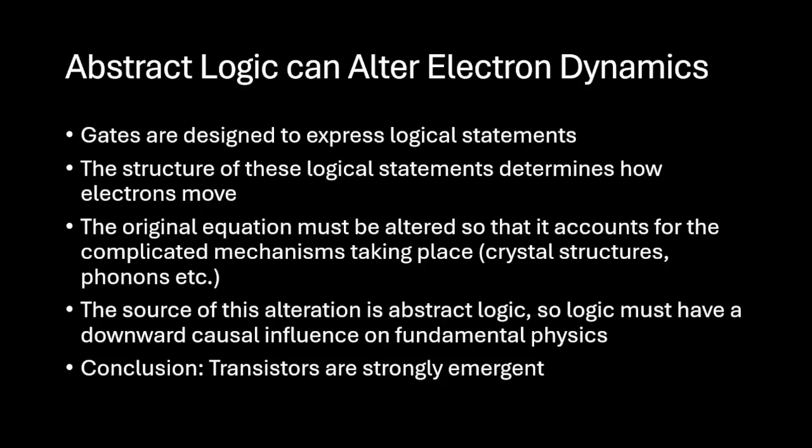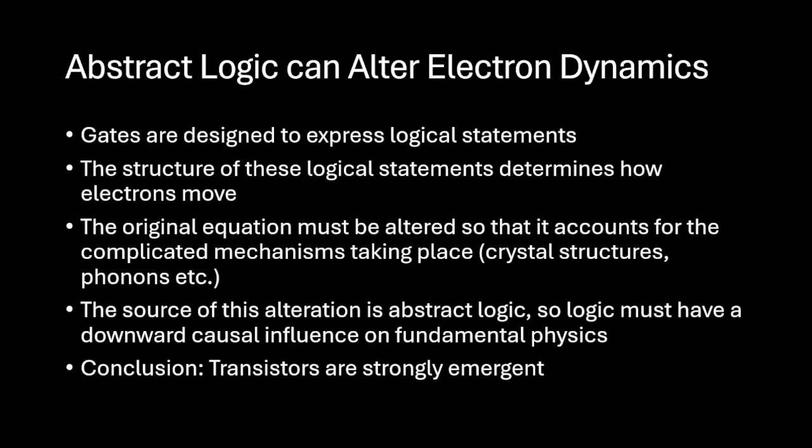So the structure of these logical statements is determining how electrons move. Now, that's kind of crazy if you think about it. Logic, something that exists in a kind of abstract space, and again, we represent it using these logic gates, is changing the way electrons behave.